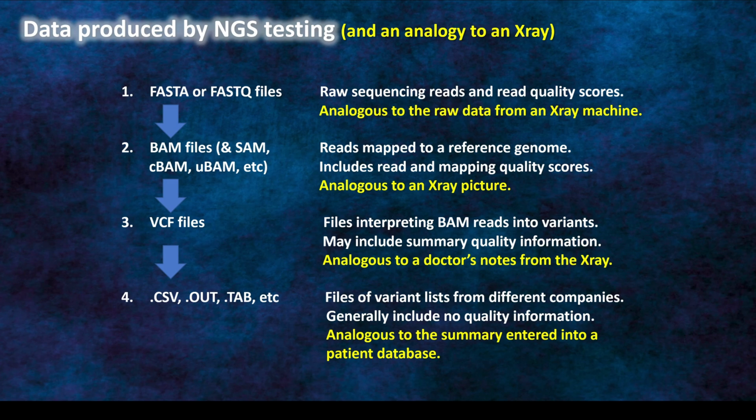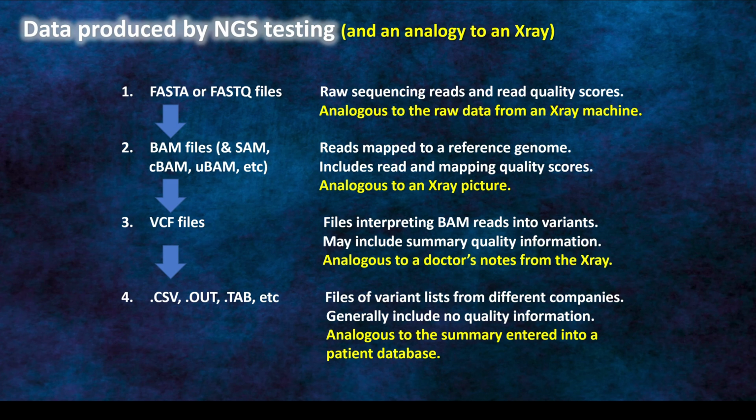Now, every company produces other types of files that you can use that give you the results. Those are typically output from their own internal databases. They're not identical to VCF files. They are sometimes a portion of what's in a VCF file, so they're not always translated directly from VCF files. But these include files that may have the suffix of .csv, .out, .tab, whatever.